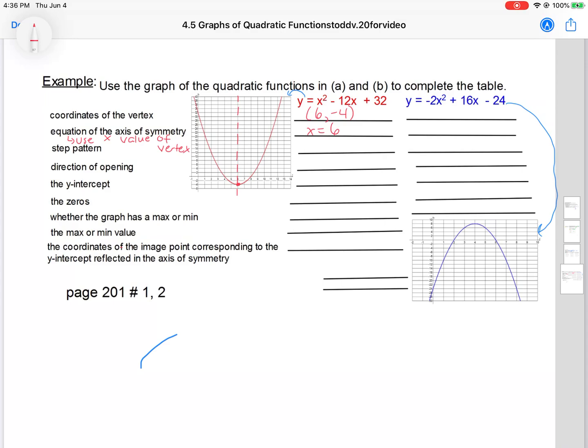The step pattern. So starting at the vertex, can you go over one, up one, over one, up?